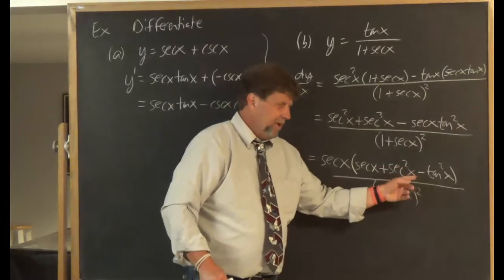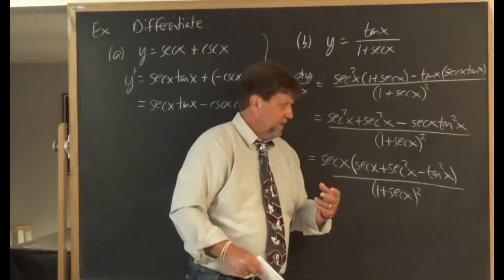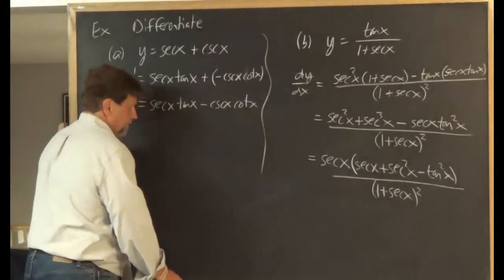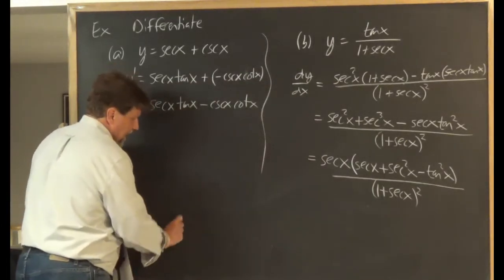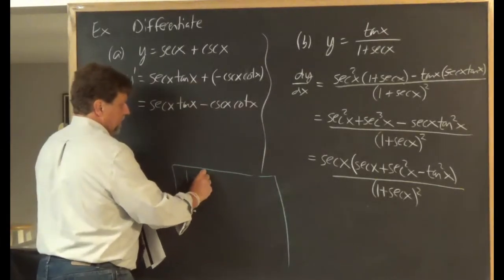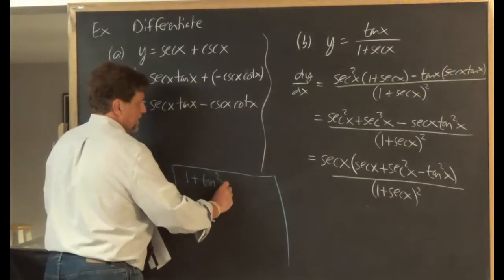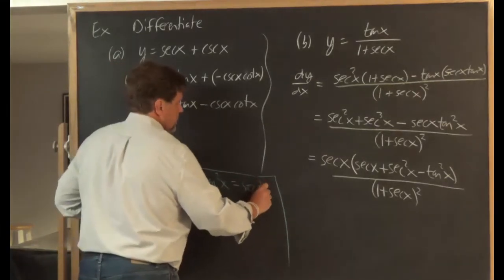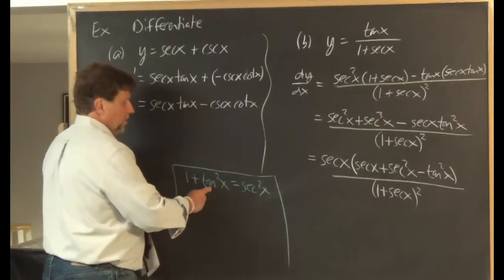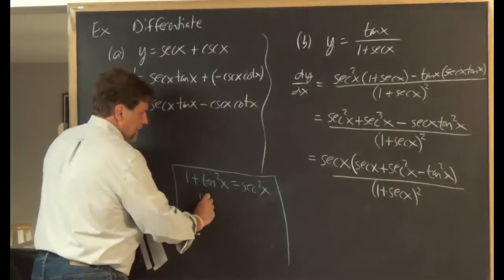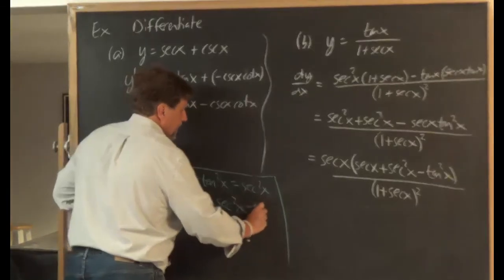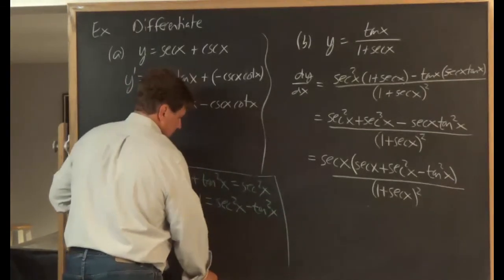Something looks awfully familiar here with the secant squared x minus tangent squared x. As an aside, I'm remembering a Pythagorean identity that says 1 plus tangent squared x is equal to secant squared x. So from this identity, 1 is equal to secant squared x minus tangent squared x.